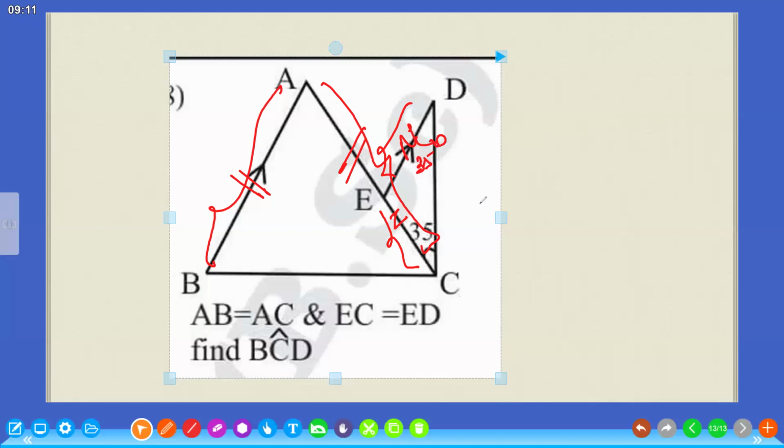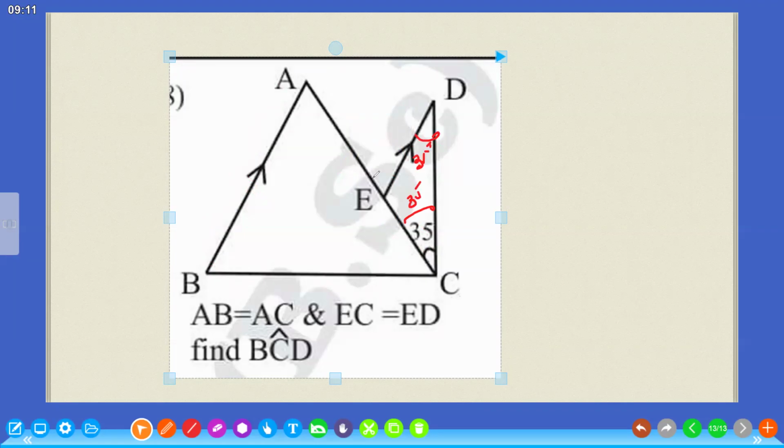Okay. Right. This is 35, this one is 35. Now, students, this one is 70 degrees. It is okay. This one is 70 degrees.